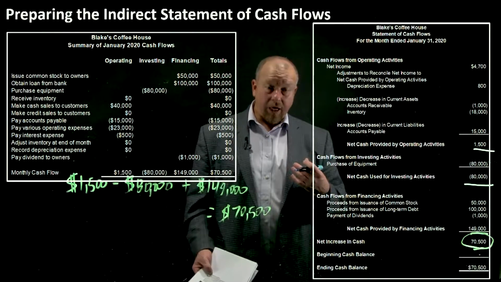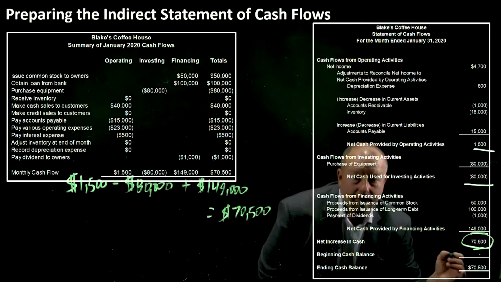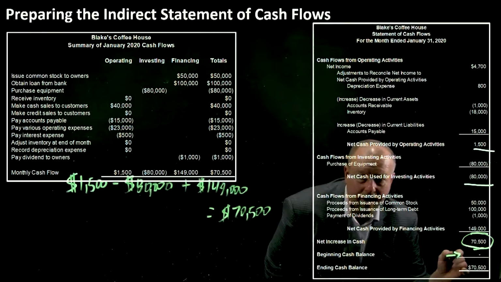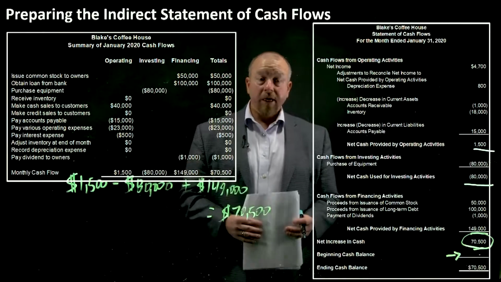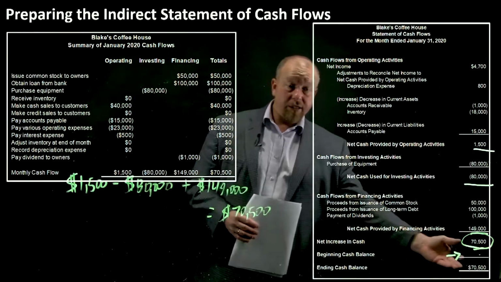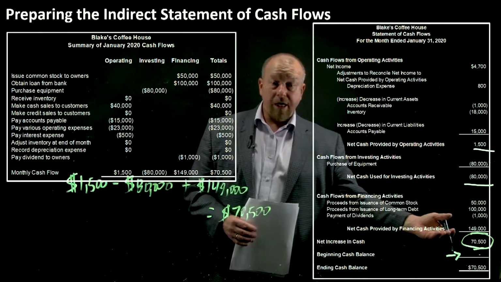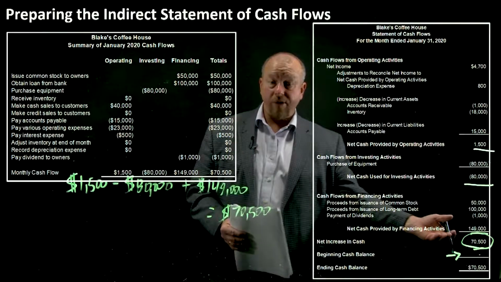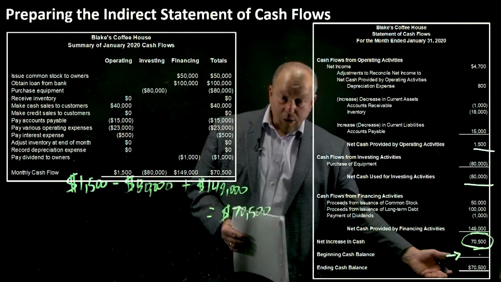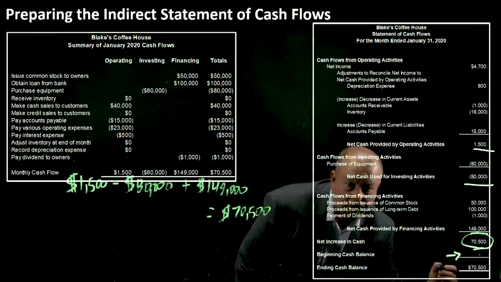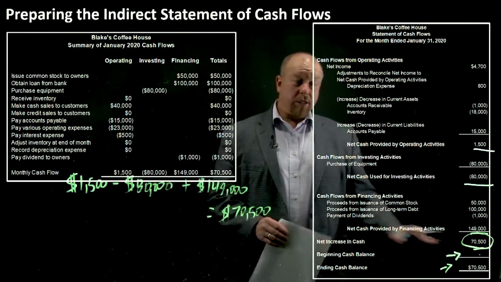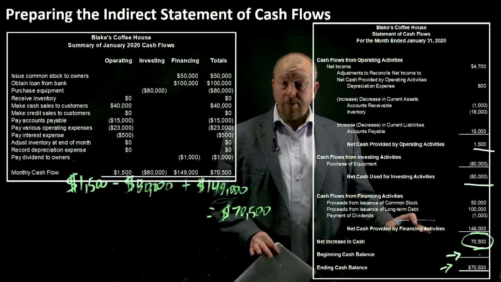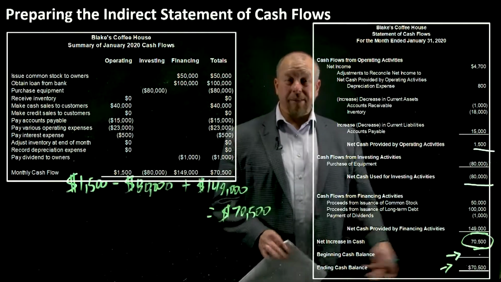In this particular case, since it's a brand new company and your beginning cash balance is 0, it better be an increase, and it was, okay? So we started at 0. Our net increase in cash was $70,500, and our calculated ending cash balance down here is $70,500. In just a minute, we'll reveal the balance sheet, and we're going to make sure that that number matches the balance sheet.